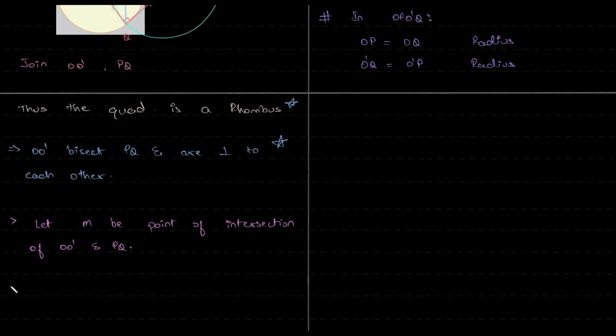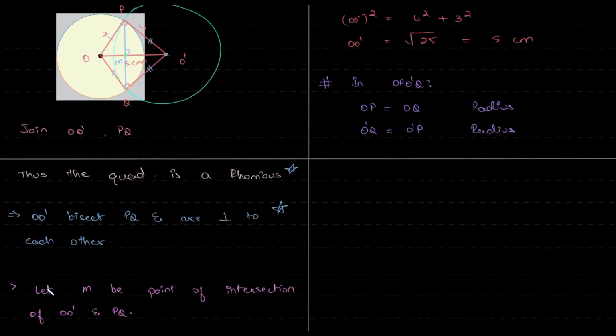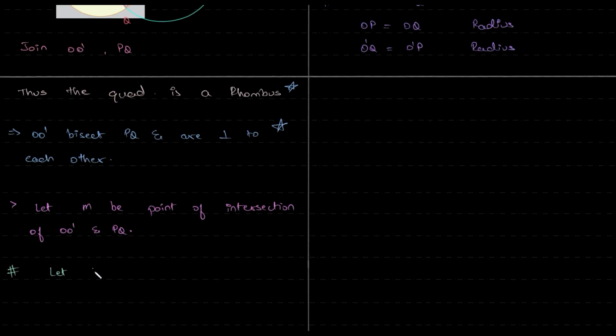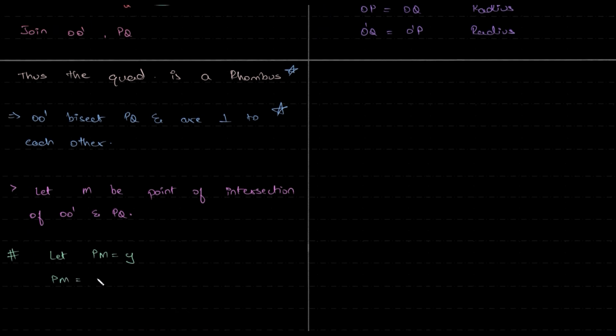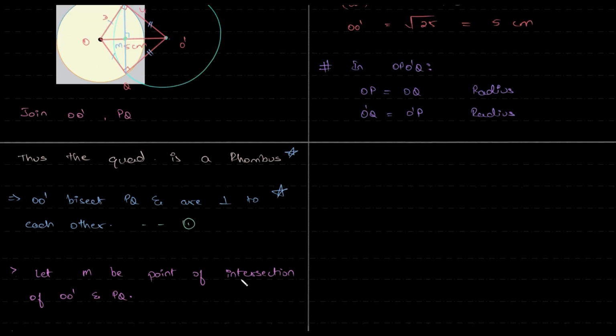And we have a bit of writing to do. So let PM be equal to Y. Then we tell PM is equal to MQ. Both are equal to Y. Right? We have the reasoning. So we can tell from 1. Okay, what else then?